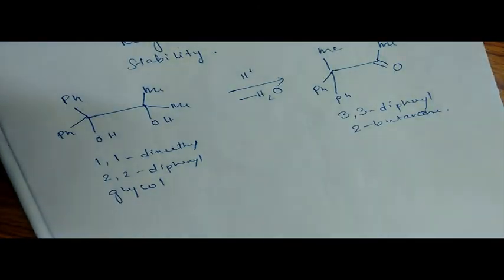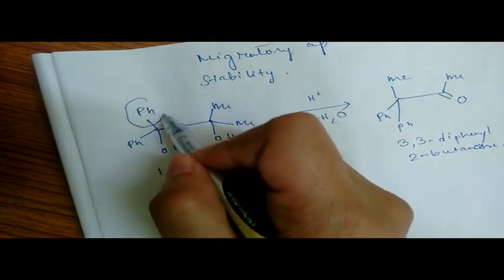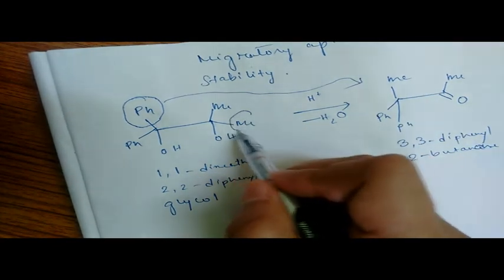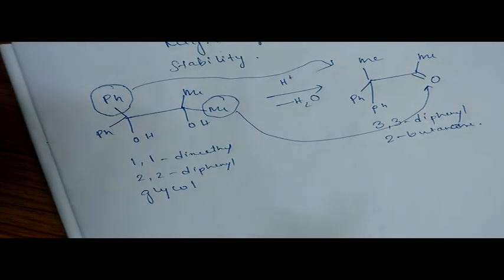From our previous concept, we might have thought that the phenyl group should migrate, but what is happening here is that the methyl group is migrating. So can you think of the reason?